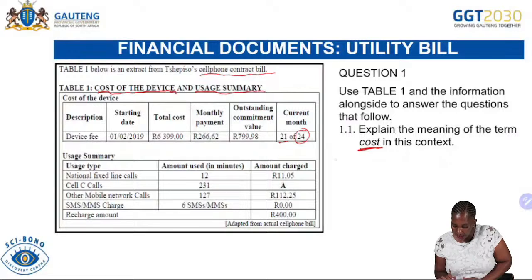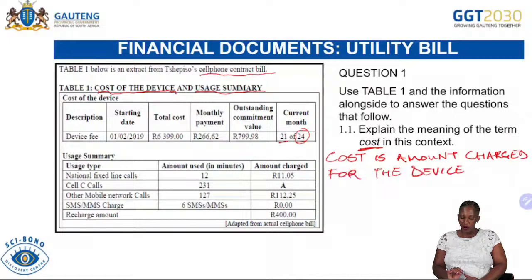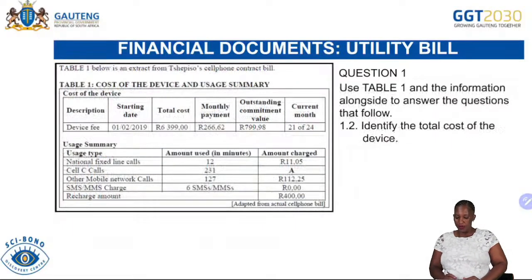Here the cost is the amount charged for the device. As you can see, it says cost of the device, and they break it down into smaller pieces.